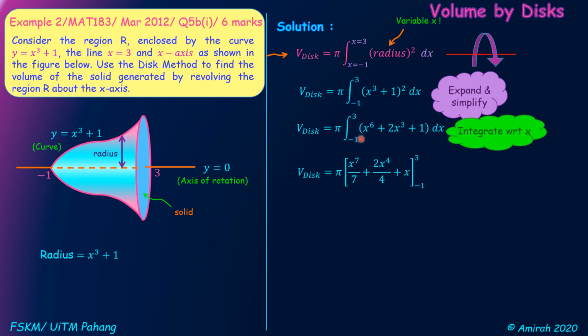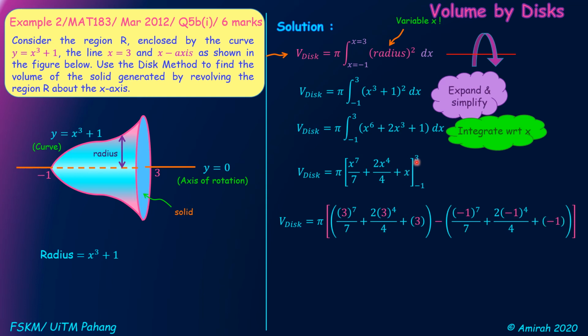Since this is a definite integral, there is no plus c, but we must write the square bracket with the lower and upper limits. After we integrate, there is no more integration sign. Then we replace x by the upper limit first, and in between must be minus, and after that we replace x by the lower limit.